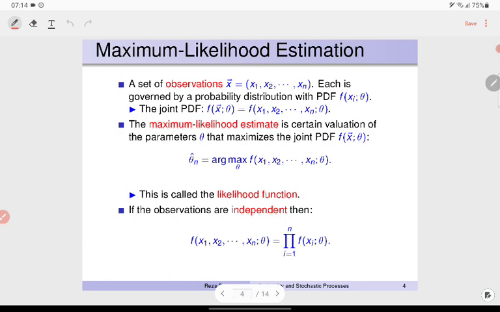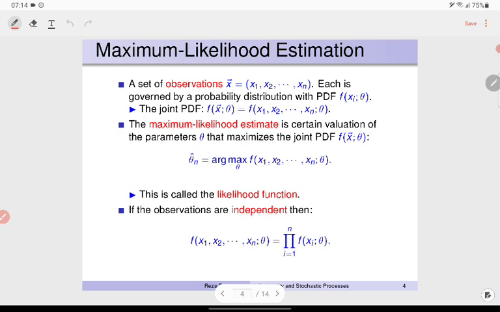Each is assumed to be governed by a probability distribution with a certain PDF, say f of xi with parameter theta. Then the joint PDF of all of them simultaneously is given by f of vector x with theta, or f of x1, x2, and so forth until xn with theta.